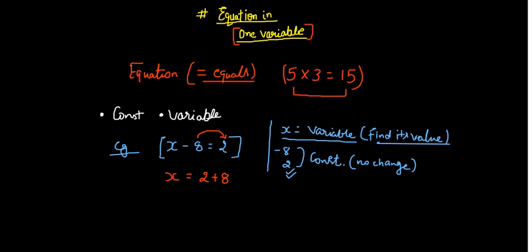Like it's negative here, now it became positive. So the value of x becomes 10. So this is the solution and we got the number for our variable. That's our answer. Let's practice a few more questions now.